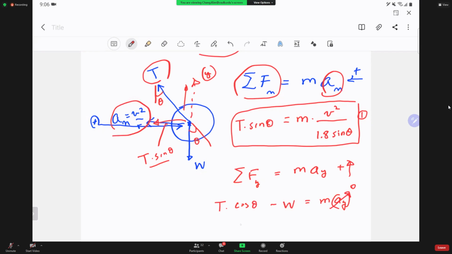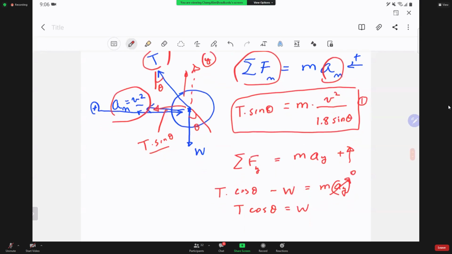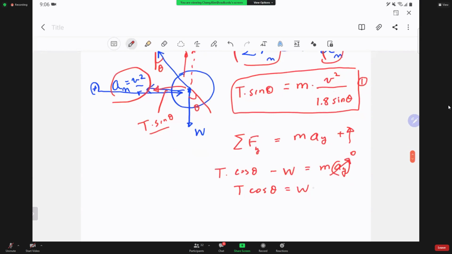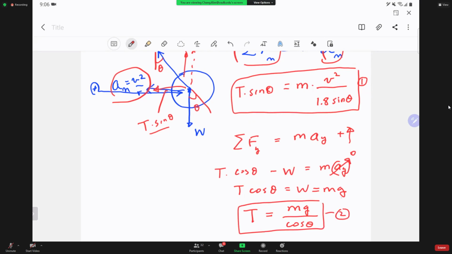Okay, so in this case, your T cosine theta has to be equal to the weight, which is going to be mg. So solving for T, T equals mg divided by cosine theta. So you have two equations with two unknowns: this theta and the other, the tension.